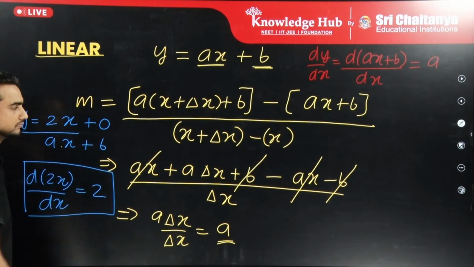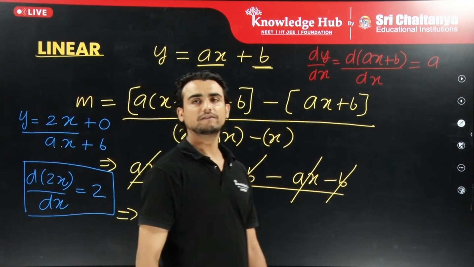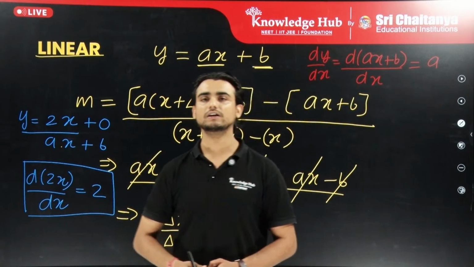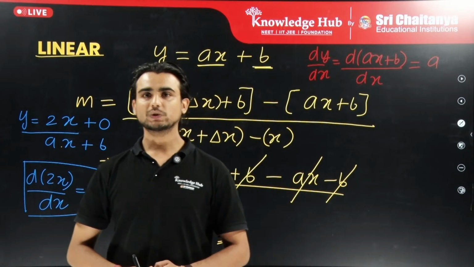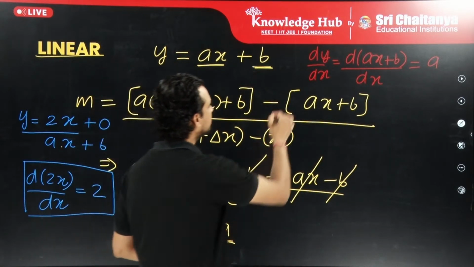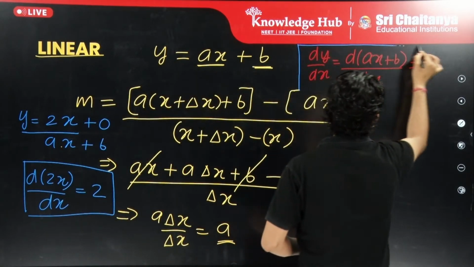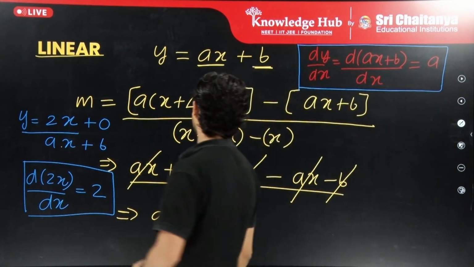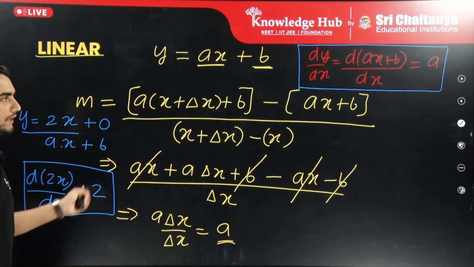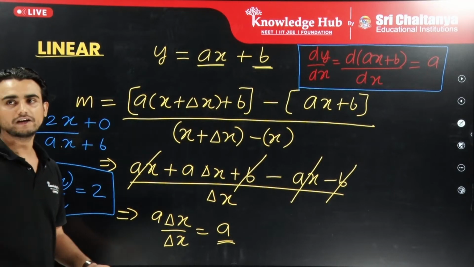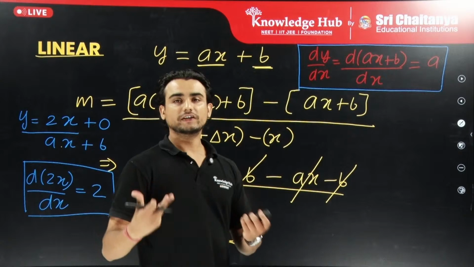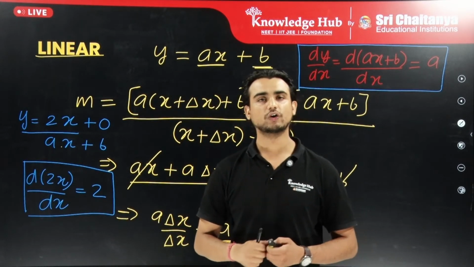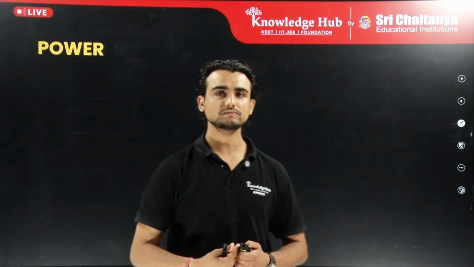This is the way we will apply the differentiation formula for a linear function. I request you to please keep these formulas in mind. They are very important because you cannot do this exercise every time. If you remember, you will be able to solve this very easily. For complicated functions, this exercise will become very difficult. As you move forward, you will see it.